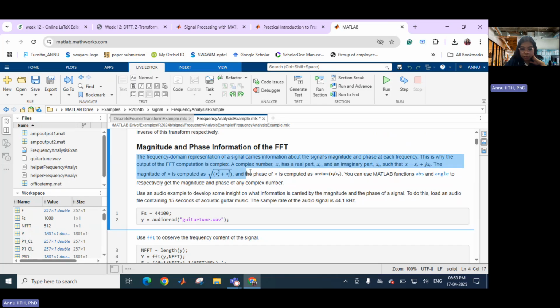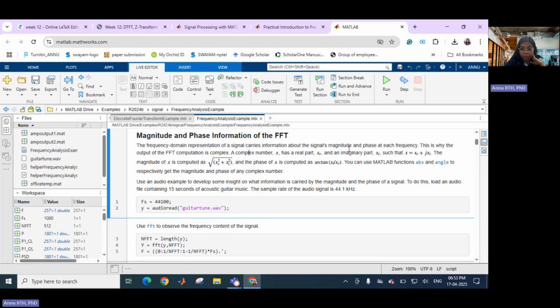So what is this? The frequency domain representation of a signal carries information about the signal's magnitude and phase at each frequency. This is why the output of the FFT computation is complex. A complex number x has a real part xr and an imaginary part xi. The magnitude is computed simply as the root of xr square plus xi square, and the phase of x is computed as tan inverse.